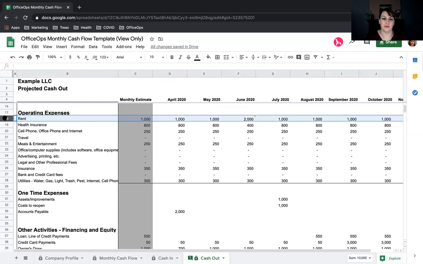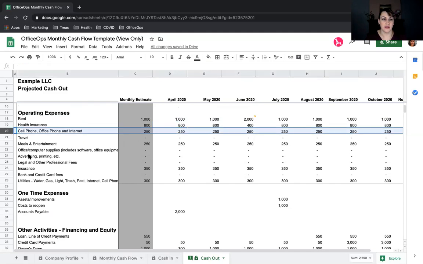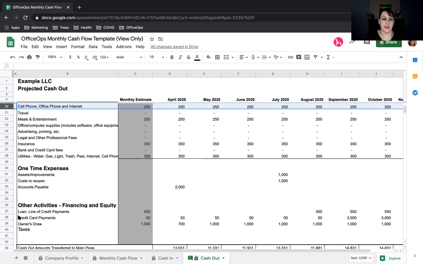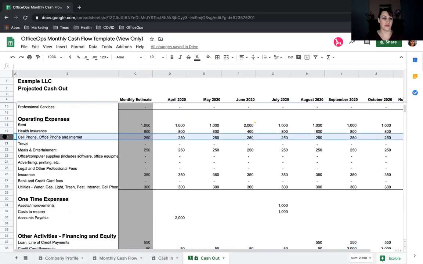So rent generally doesn't change. If you end up getting things like forbearance, you can change the amount in here. Health insurance for your employees. You don't want to include items that were paid on your credit card because you have credit card payment down here. But let's say that your cell phone, office phone, and internet come out of your operating account, you'd want to put that in here.